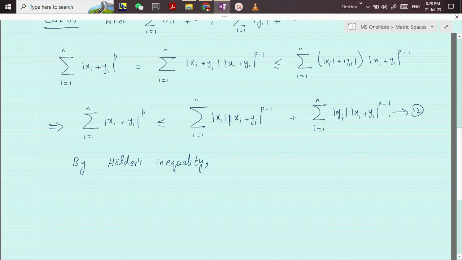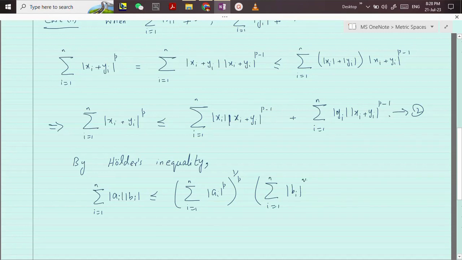Holder's inequality is summation i from 1 to n of |ai bi|, which is summation of |ai| into |bi|, less than or equal to summation i from 1 to n of |ai|^p whole power 1/p into summation i from 1 to n of |bi|^q whole power 1/q.